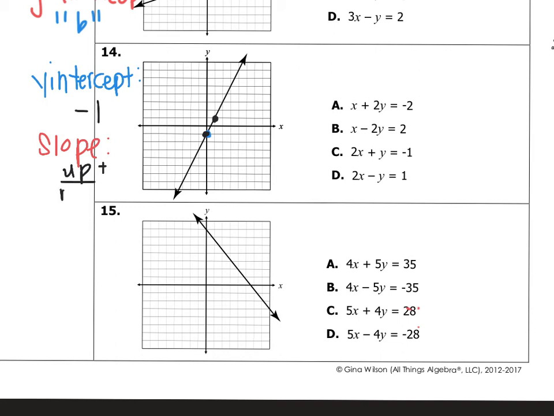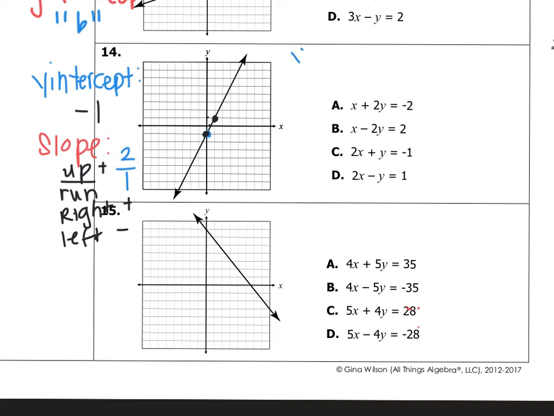And then how many I'm going to run. Now, running could be two things. If I'm going to run to the right, that means my number needs to be positive. If I'm going to run to the left, that means my number needs to be negative. So in this sense, if I'm going to go up 1, 2, so I run up 2, and I'm going to go right 1, my slope is 2 over 1.